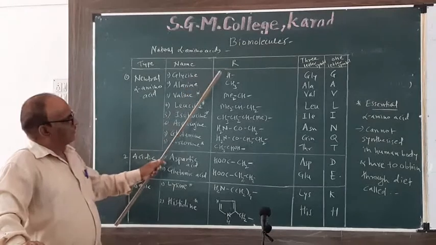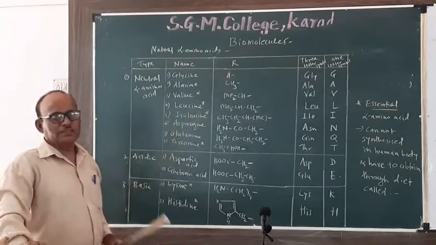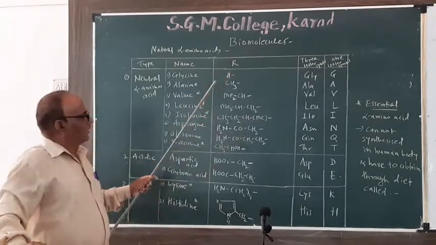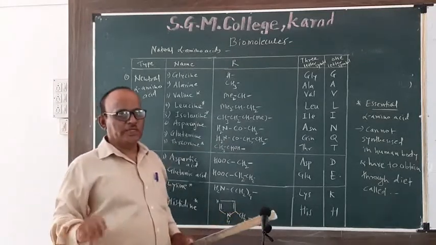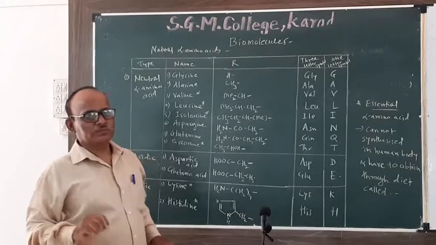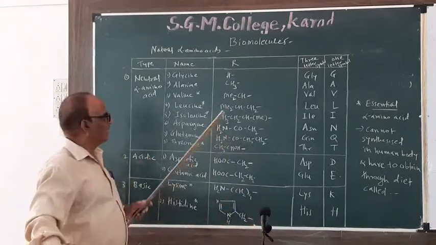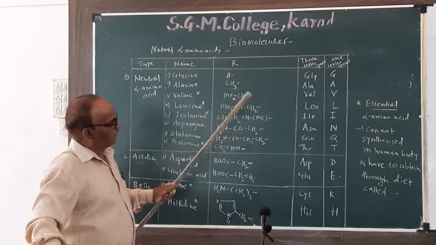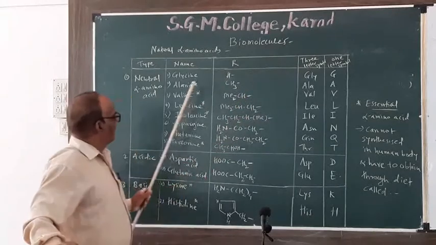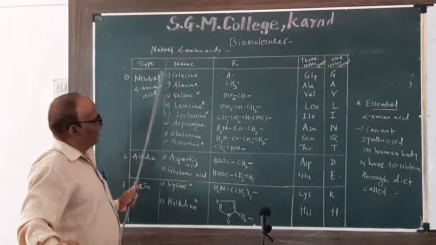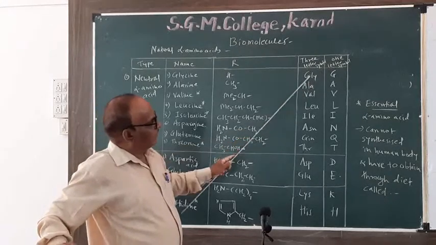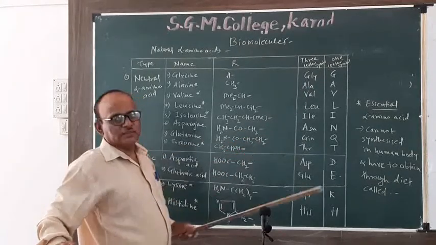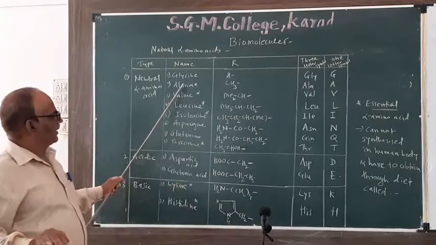We have already studied the structure of glycine. Glycine is an optically inactive alpha amino acid because there is no chiral carbon atom. So here R equals H. Three letter symbol means you take three letters, G, L, Y, and one letter means only the first letter, that is G. Second example is alanine.